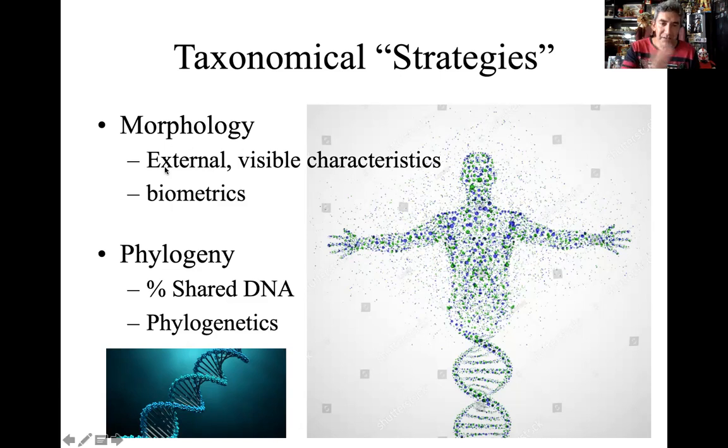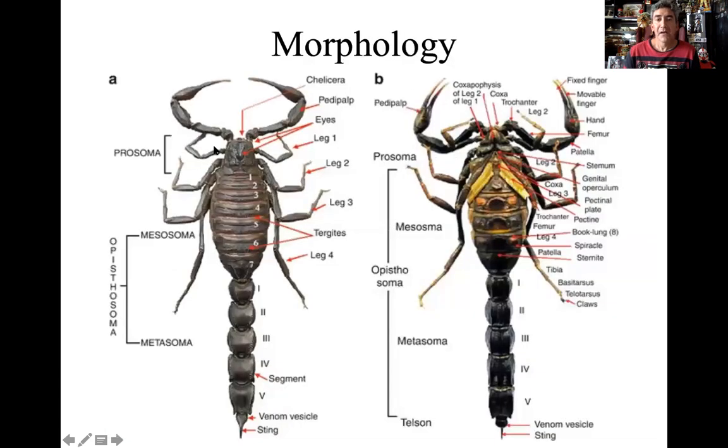So let's look at this, and then we'll get into the idea of phylogeny. But morphology and biometrics leads to its own vocabulary. Each organism would have different parts, different body segments, different numbers, different names, and it can get kind of elaborate, kind of tedious.